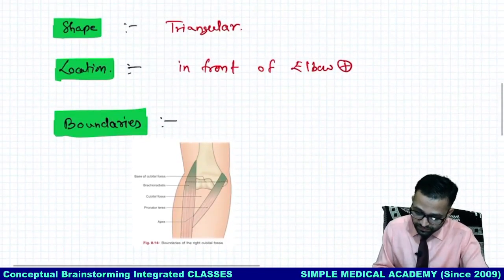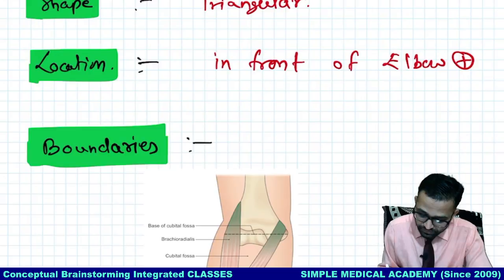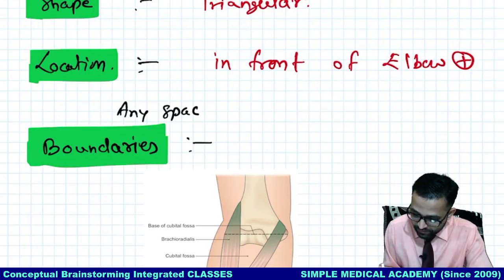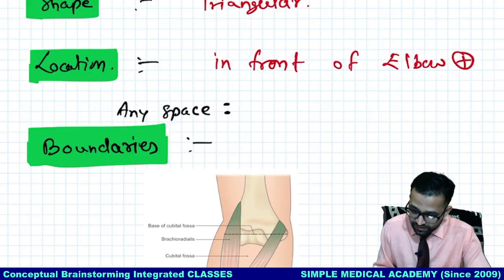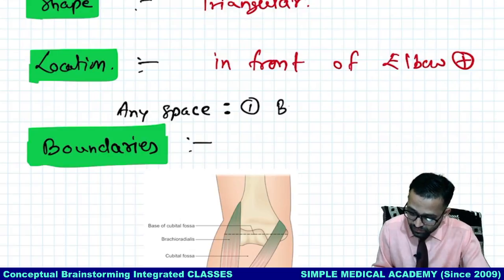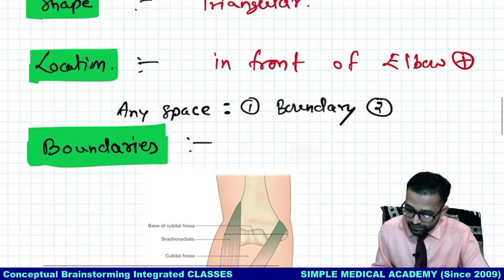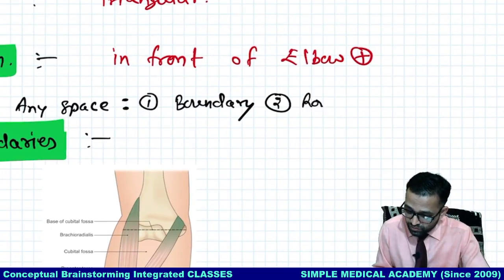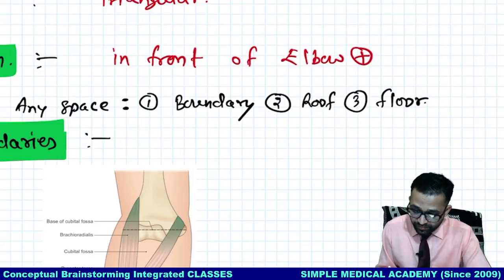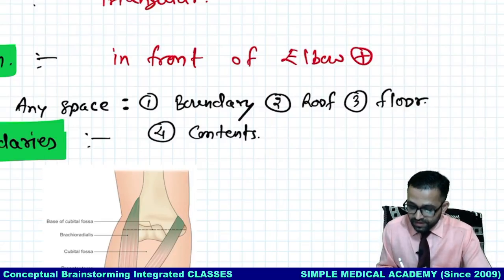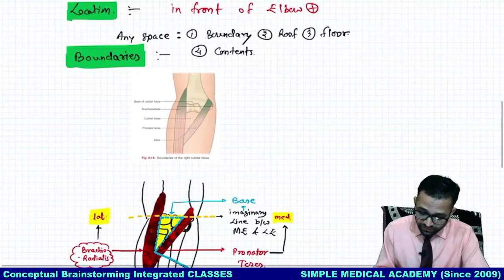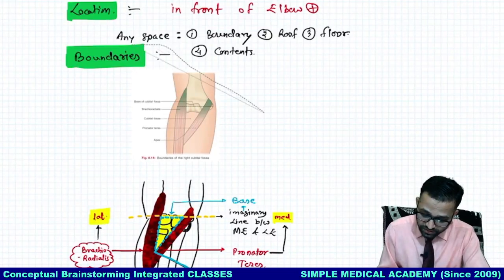So mentioning here, any space in our body will have boundary, will have roof, will have floor. What you can remember? Also you can see the contents.